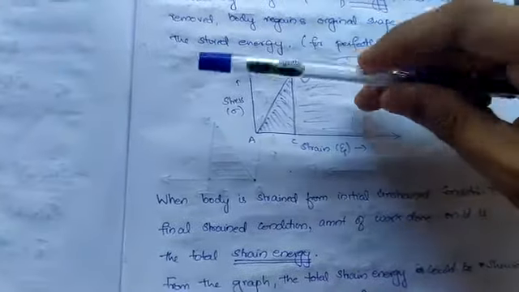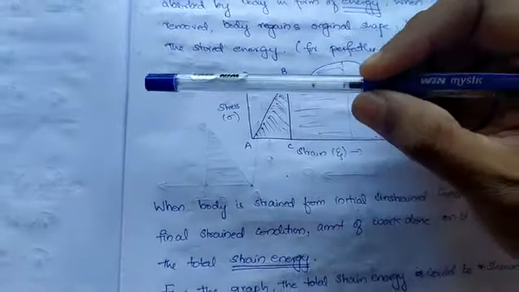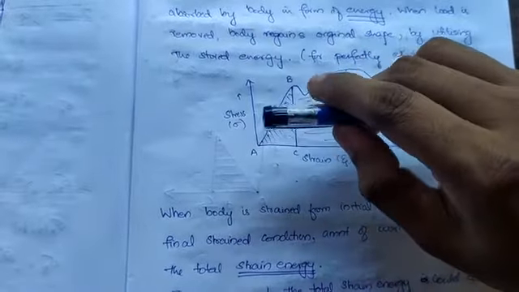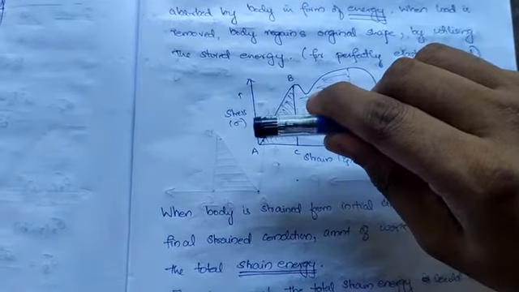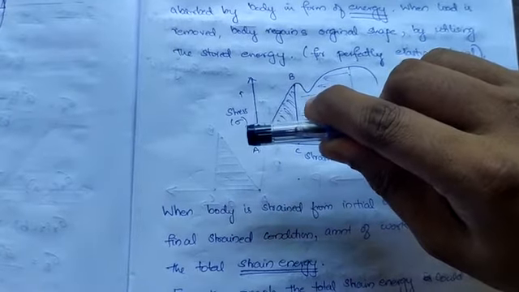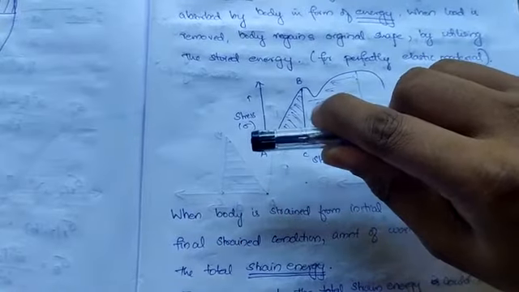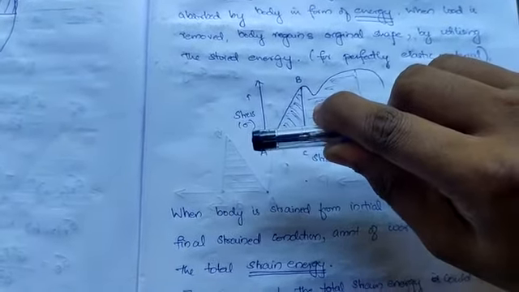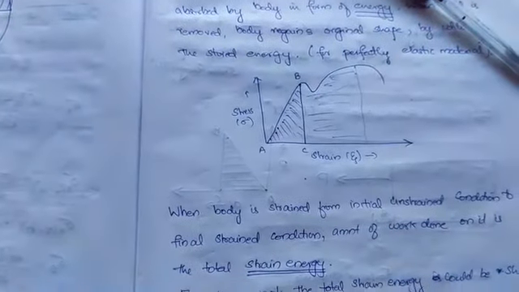If I am pulling this object, which has a small strain, this is the initial position, and suppose this is a plastic and I am applying load so that it is extending. From this position up to this position, the work I have done will be stored in the form of energy, and this is simply called strain energy.